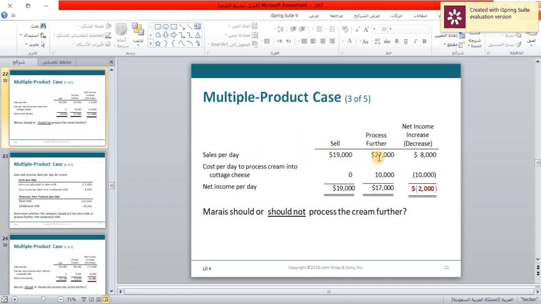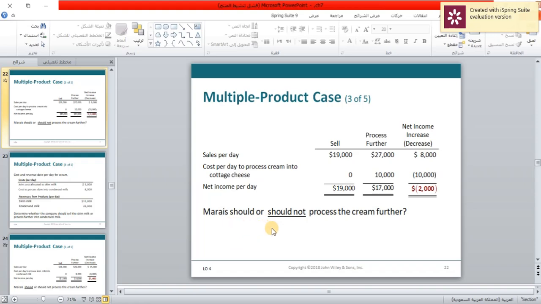Process further sales are $27,000, a net increase of $8,000. On the cost side, to process cream into cottage cheese, in the sell case there is no additional cost, but here I have an additional cost of $10,000, and therefore the net income will decrease by $2,000.